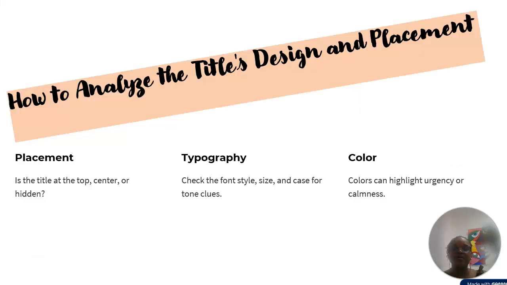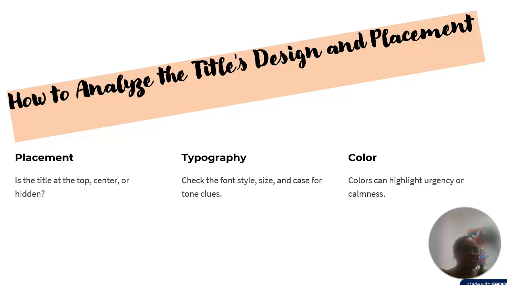So when you get a text, look at the title and analyze its design and placement. Is it placed at the top? Is it centered? Is it bold? Check the typography. Is it stylized, or shouting capitals, or quiet, or elegant, or calligraphy, or playful?